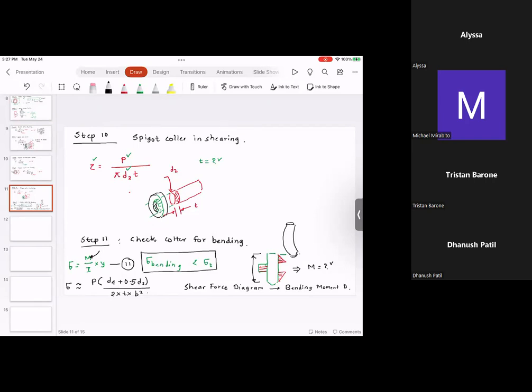There are a couple of variations possible. Sometimes you can have a double Cotter joint. What do I mean by double Cotter joint? You can have one end over here, you can have one end over here, and then there will be a sleeve, and then there will be one Cotter over here, and another Cotter over here.